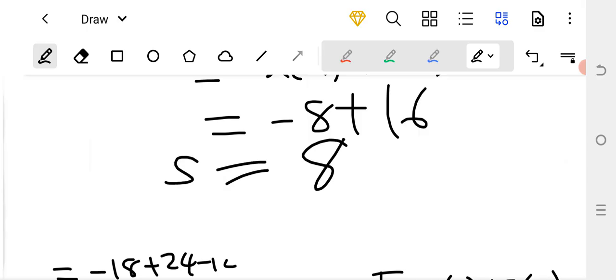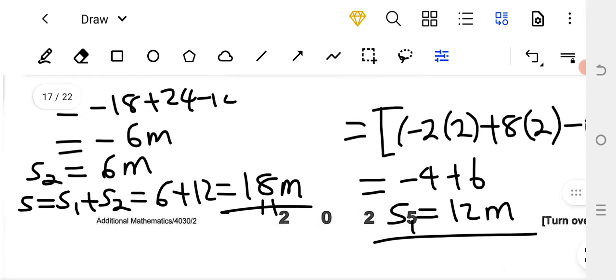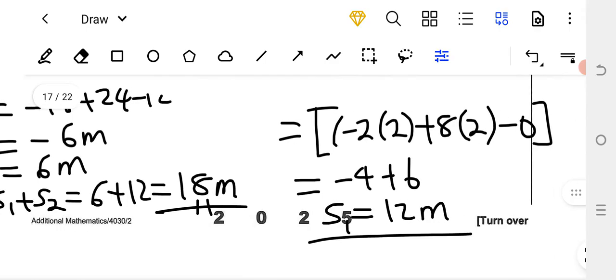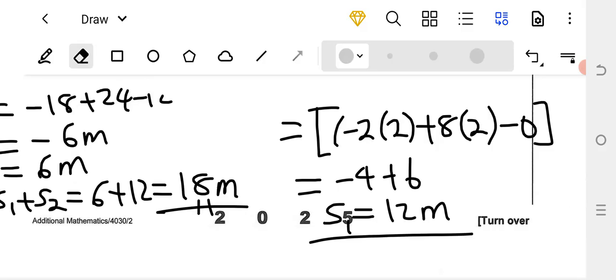So the distance is equal to 8 meters. That was the final answer. Here we found 12. So just take note that we did not find the correct answer here. It was not supposed to be like this.